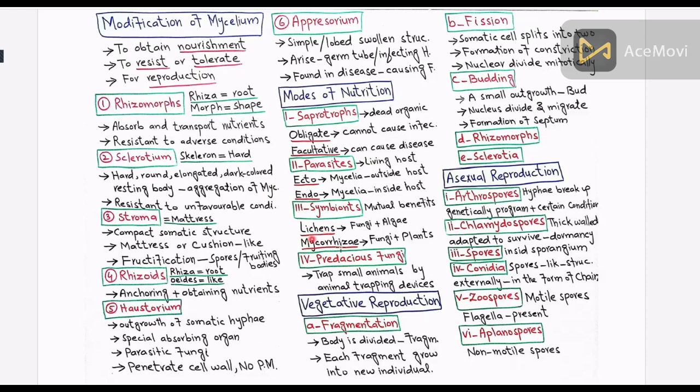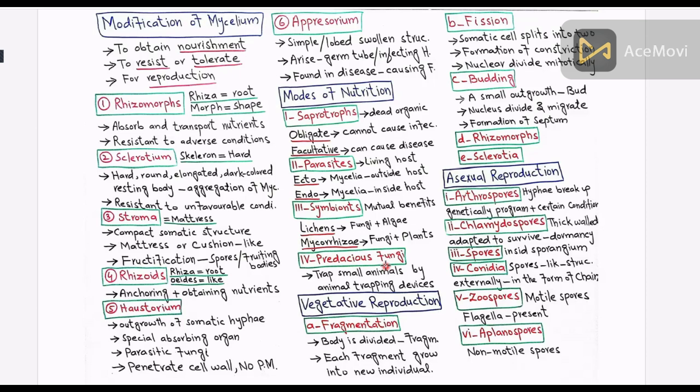And mycorrhiza is the association of fungi with the roots of higher plants. These fungi help in the absorption of moisture along with minerals like phosphorus, and in turn, the fungi get food from the plants.